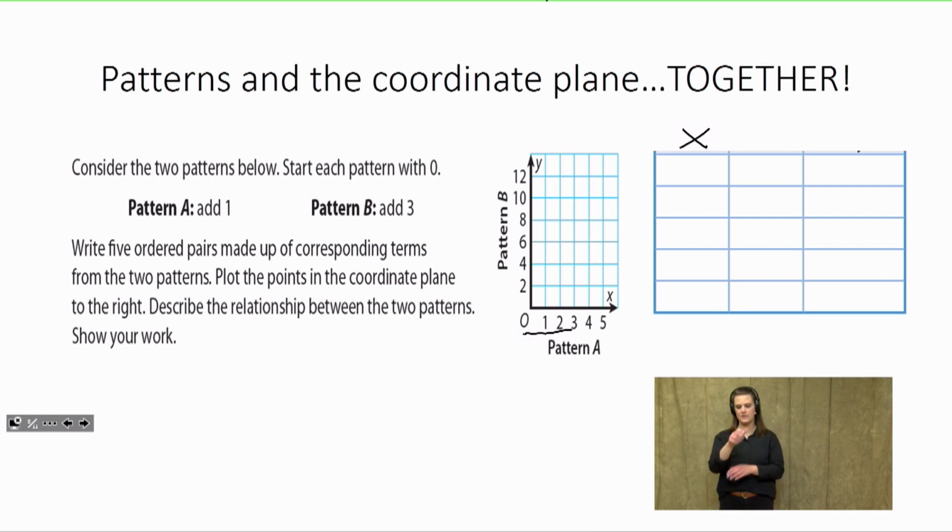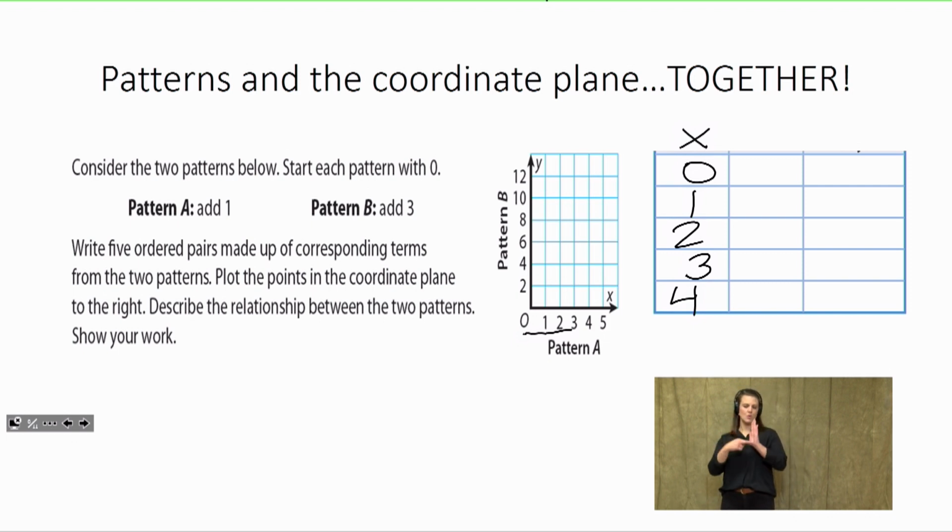If pattern A is add 1, and we start at 0, can we fill in our pattern A? If I start at 0, add 1, add another 1, and another 1, and another 1. There it is.